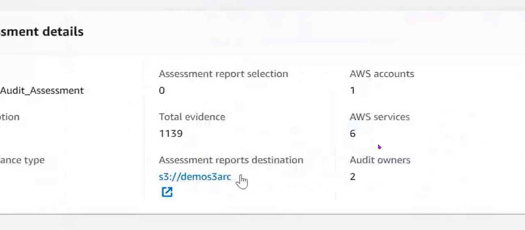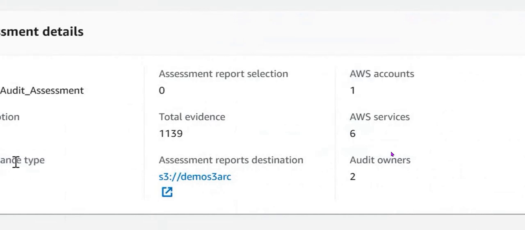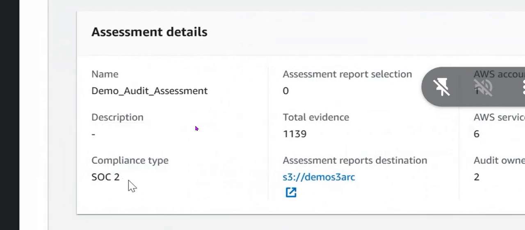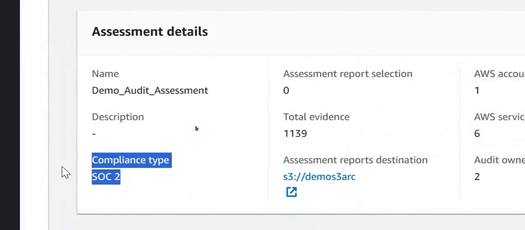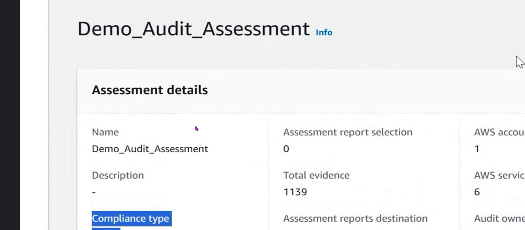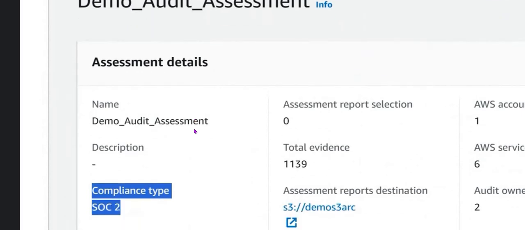Okay, so this is the one I have created, and here we can provide the compliance type, like the rules, but I haven't understood what the compliance type is for. It is saying SOC 2. So there would be other compliance types. Yes, there are many different sets of rules which would be a part of that compliance type.